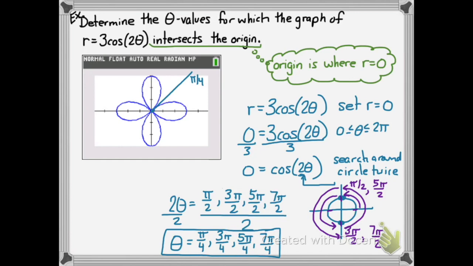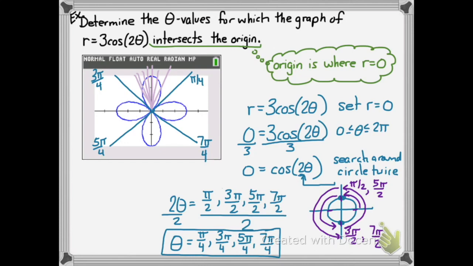Now, as I swing along here, and I have these other imaginary antennas, all of these antennas all the way along here, they all touch the graph where the graph is away from the origin until we get back to an angle of 3 pi over 4, and our radius there is 0. 5 pi over 4 and 7 pi over 4.